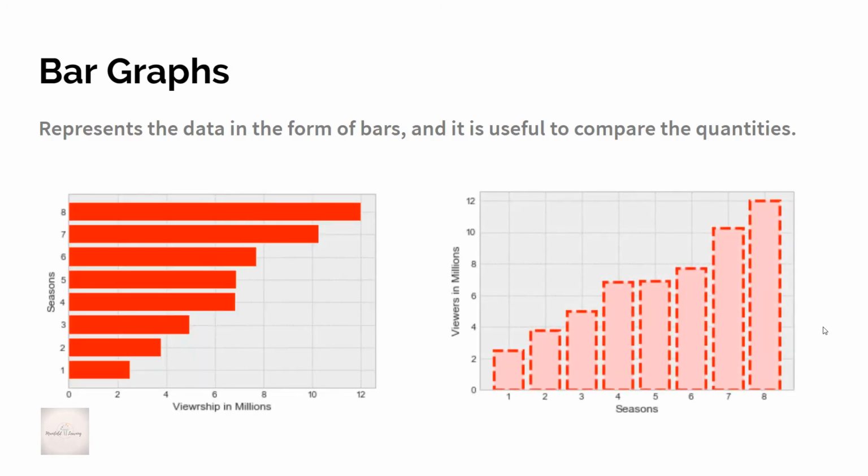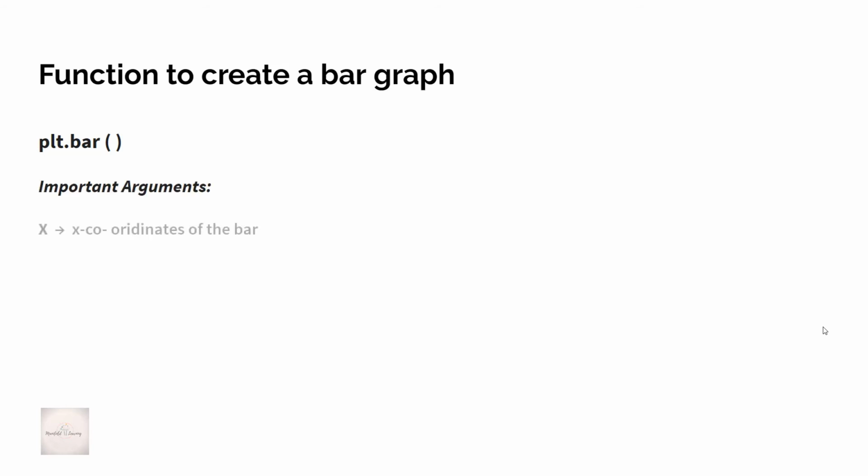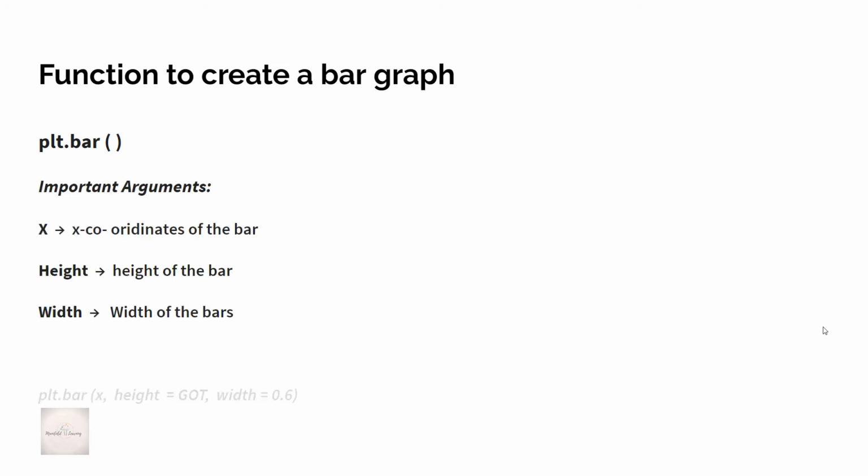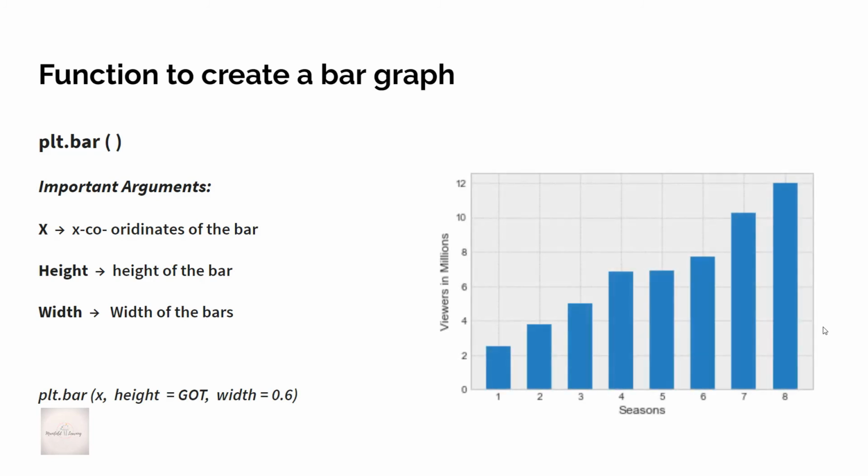Now, how do we create this bar graph? To create a bar graph, there is a dedicated function, and it is plt.bar. This plt.bar function takes three important arguments: x, height, and width, wherein x represents the x coordinates of the bars, height represents the height of the bars, and of course width represents the width of the individual bars.